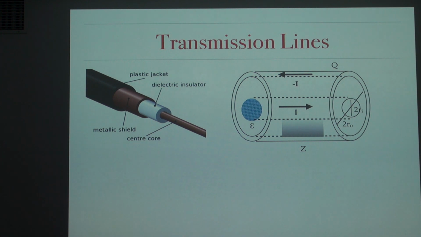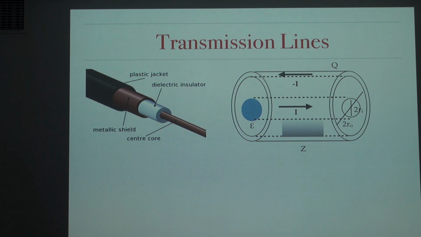Since this line is seldom used without being connected to something, there is no net electric charge transfer through each of the ends. Therefore, if there is electric current going through the center wire, there must be electric current going in the opposite direction over the outer layer, and the charge density per unit surface of that outer layer I will call capital Q.